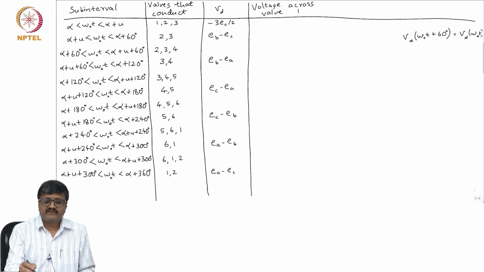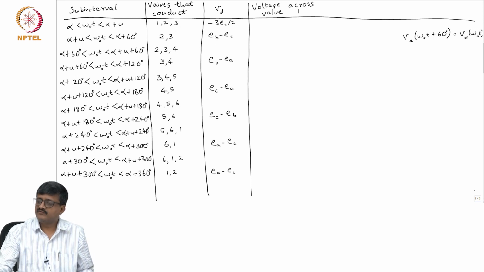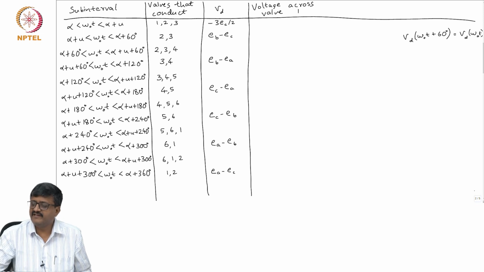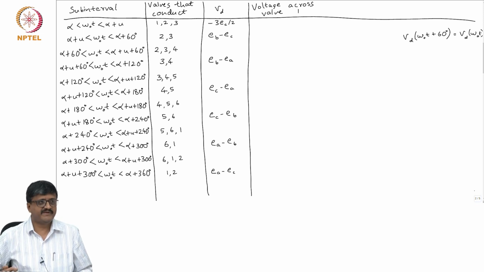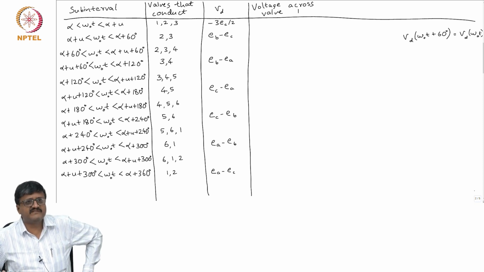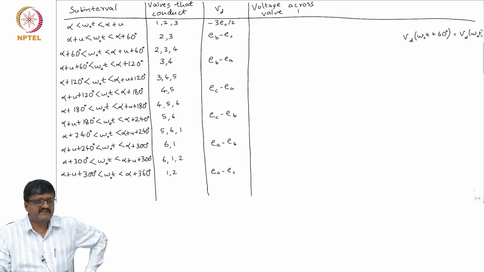That means VD is periodic with period 60. Of course, it is periodic with period multiples of 60 also. We are using that fact to say that all our waveforms have a period of 360 degrees, but it is also having a period of 60 degrees.